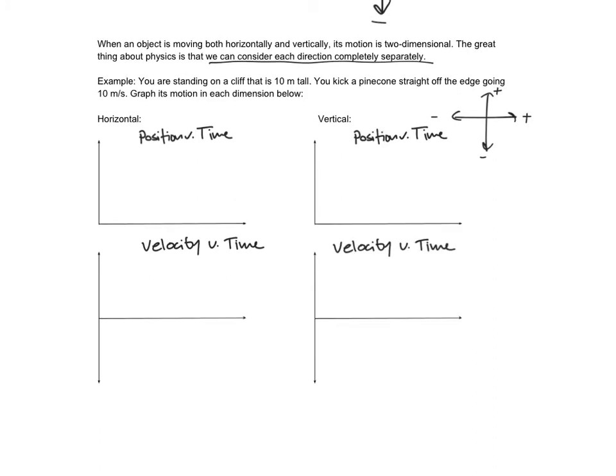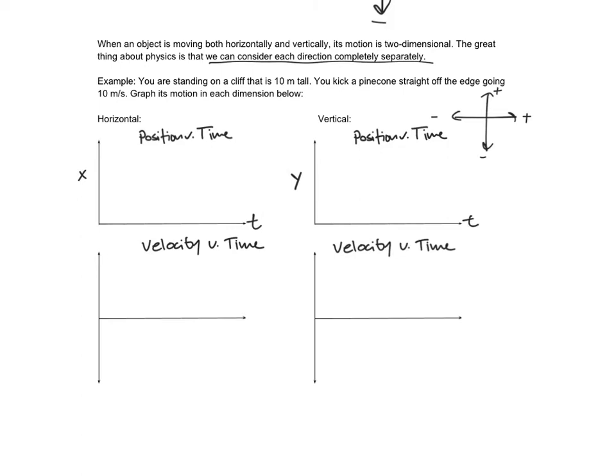Now, to differentiate between horizontal and vertical, we're going to be using a little bit different notation. Last unit, we said position is x, and change in position is delta x. We're going to use that same notation for the horizontal direction here, but the vertical direction we're going to denote as y, so that we can differentiate between the two. And this makes sense based on the x-axis and the y-axis that we use in math. Now, both of these axes are time.